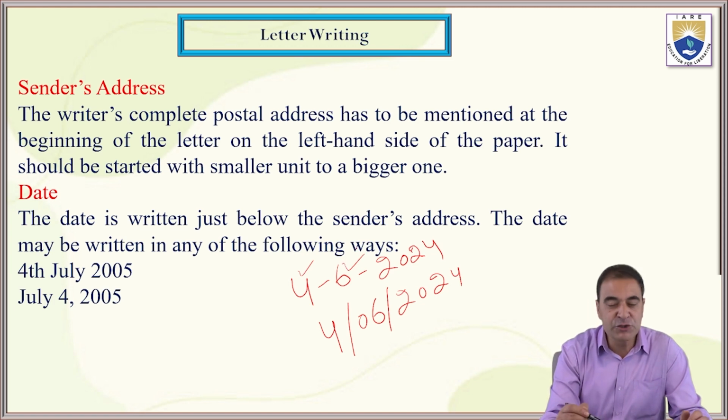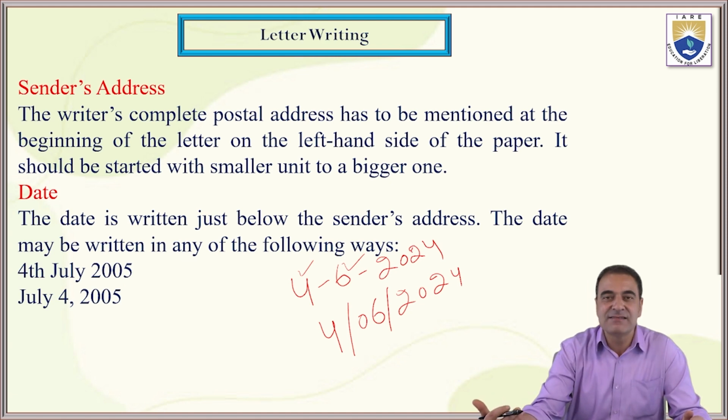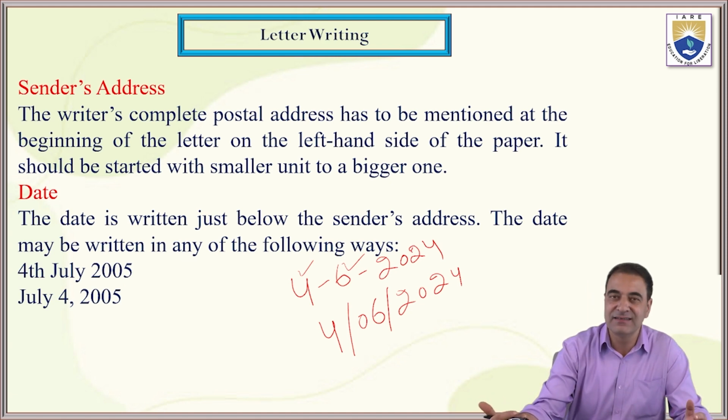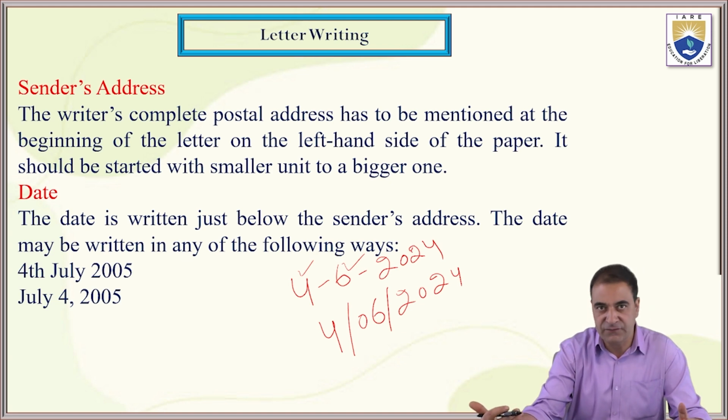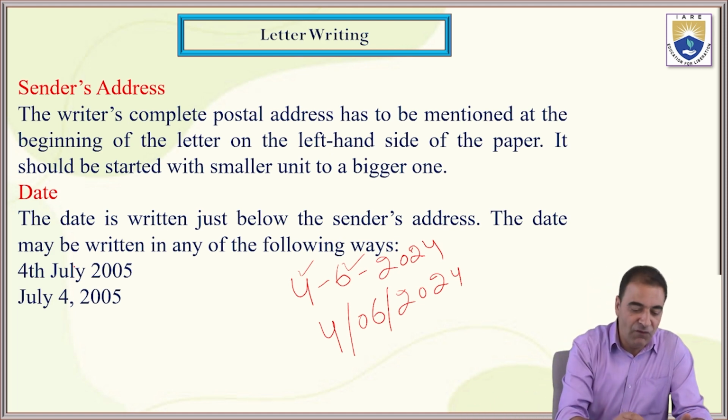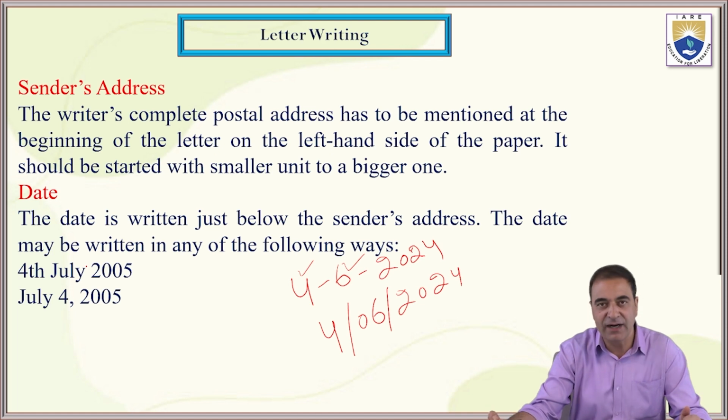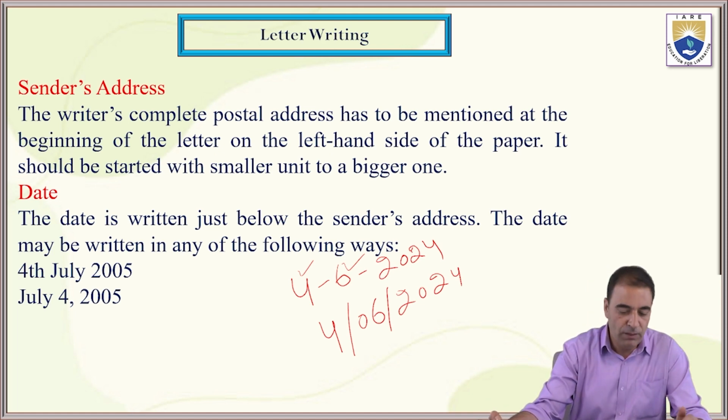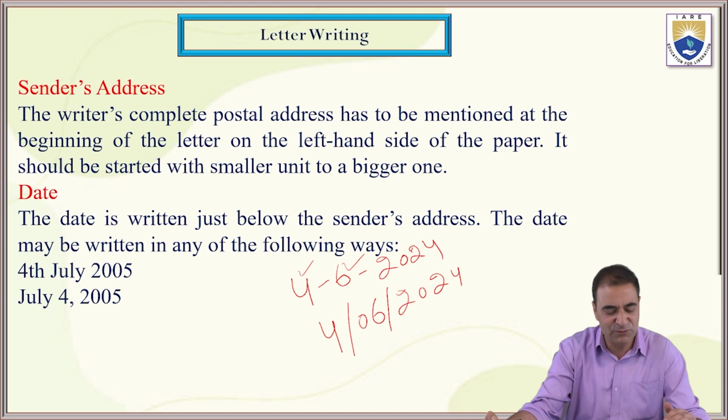Likewise, it's not explicit whether the 6 is the day or the month. To avoid this confusion, we need to mention the name of the month, like 4th of July 2024, or July 4, 2024.